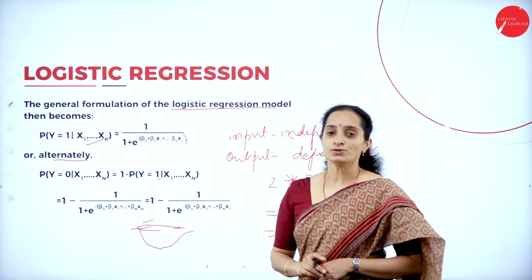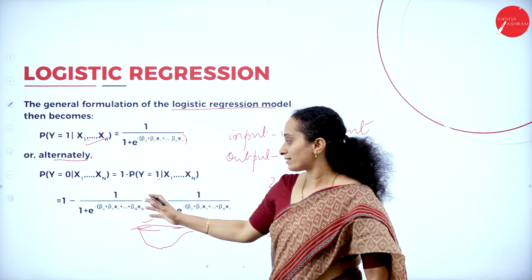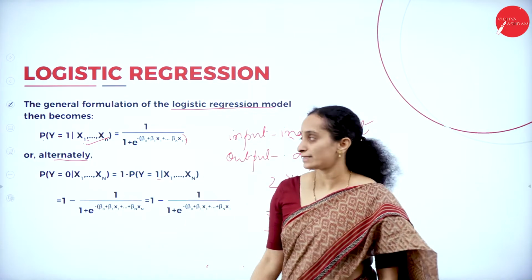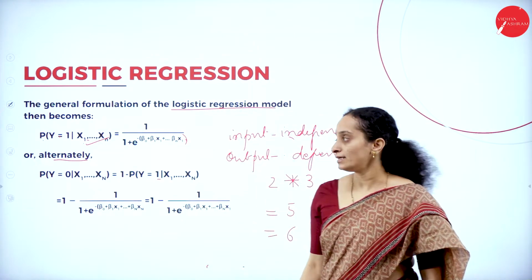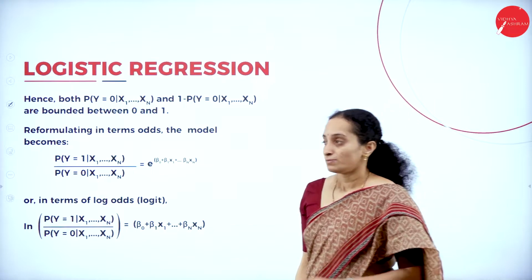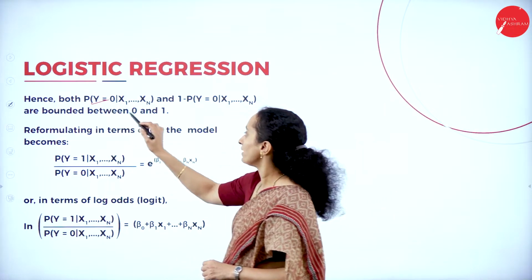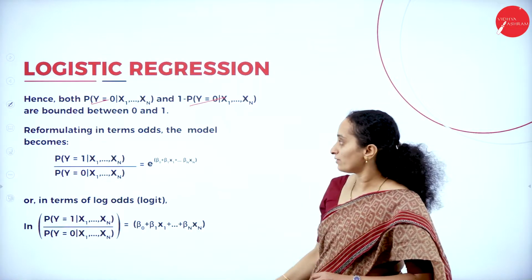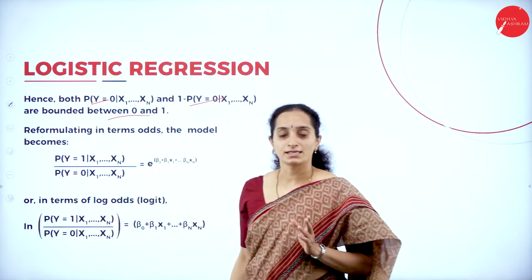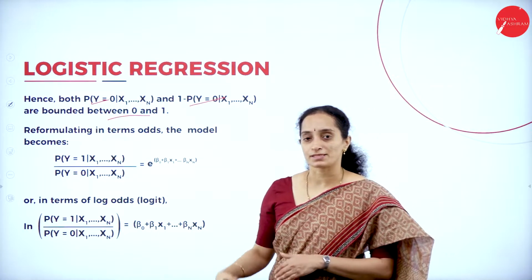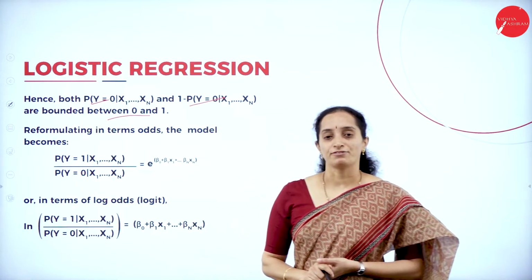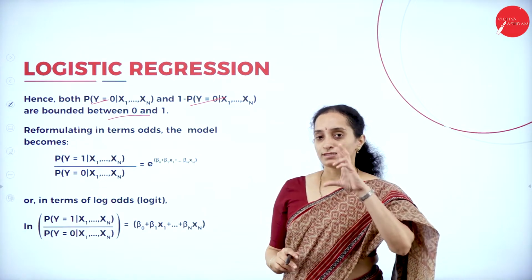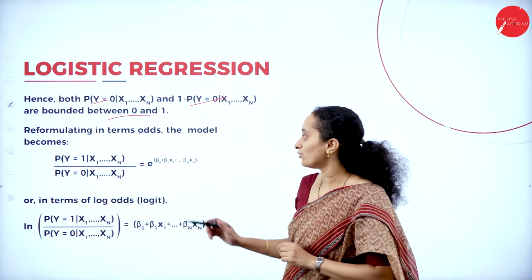So you can substitute the expression and get the final expression in logistic regression. Both p of y equals 1 and 1 minus p of y equals 1 are bounded between 0 and 1. You can observe from the expression as well as the graph diagram that the y value always ranges only from 0 to 1.